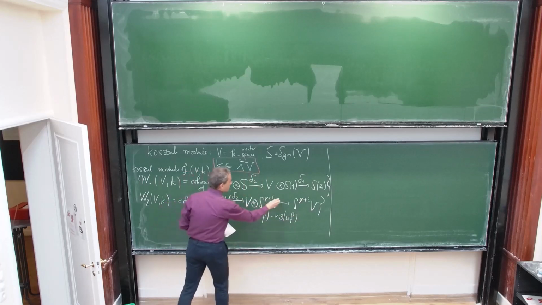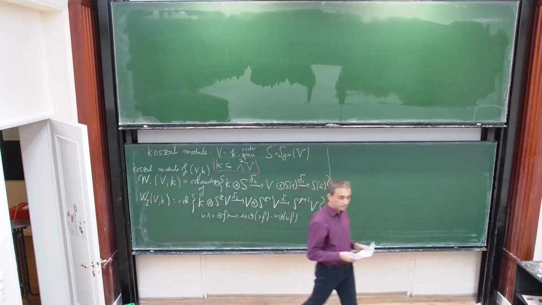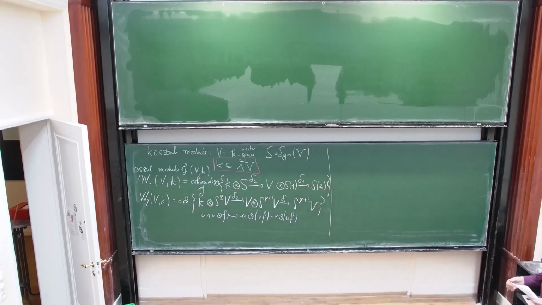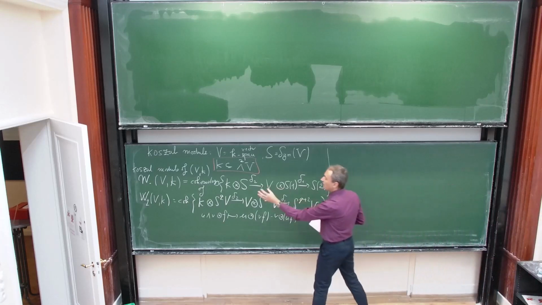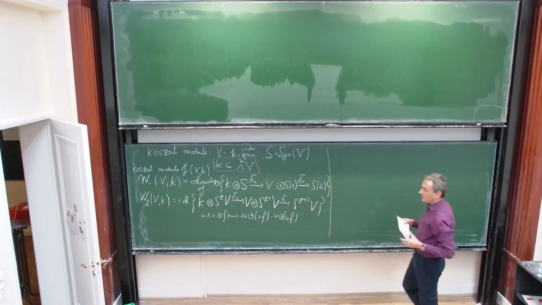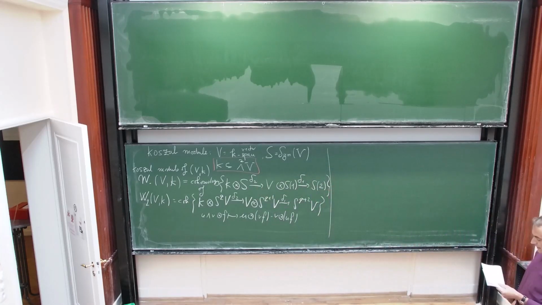And delta 1 is just the multiplication. And you treat this variationally. The point is that you are going to vary K here. This is part of the general philosophy.